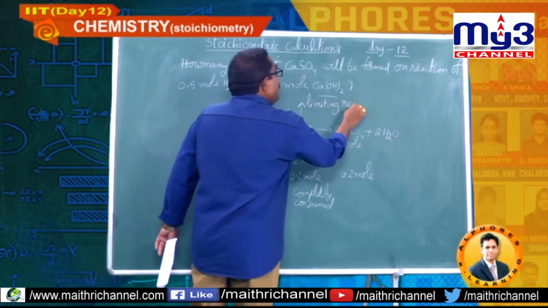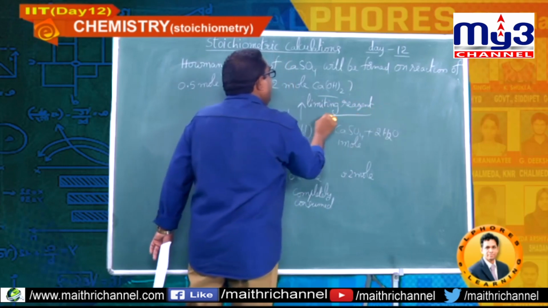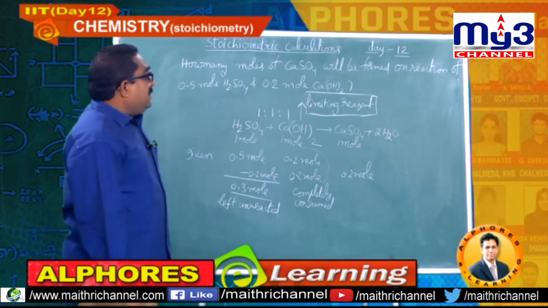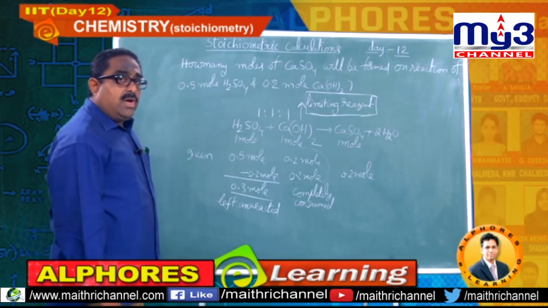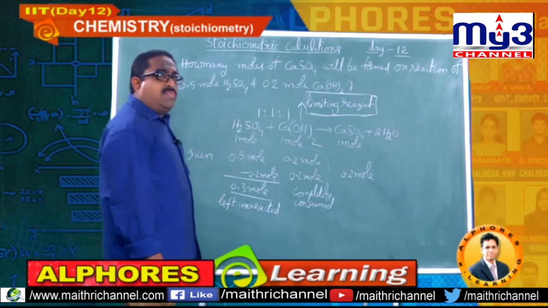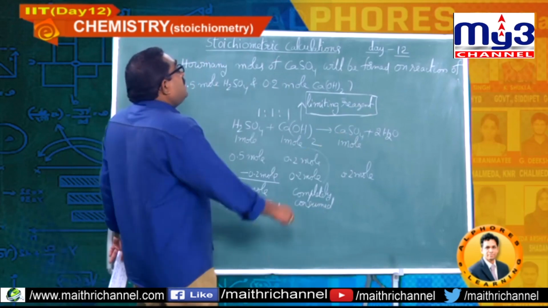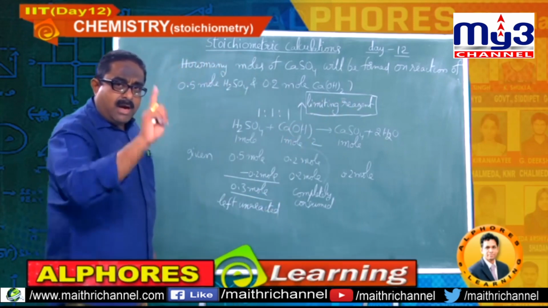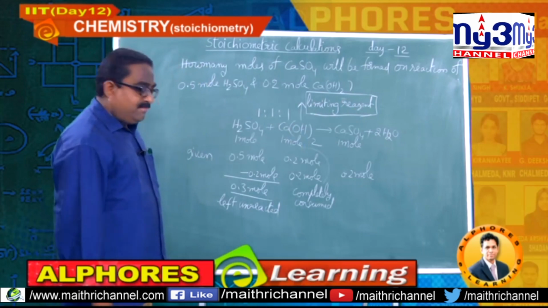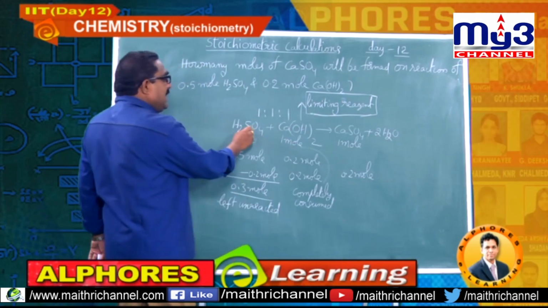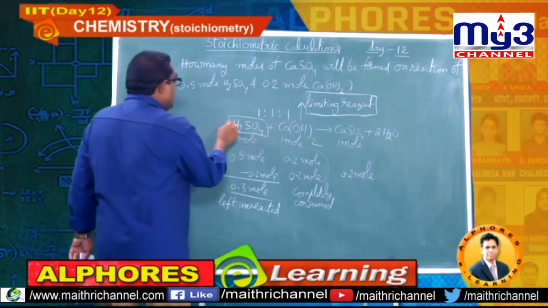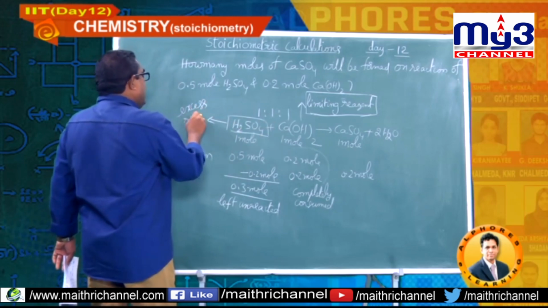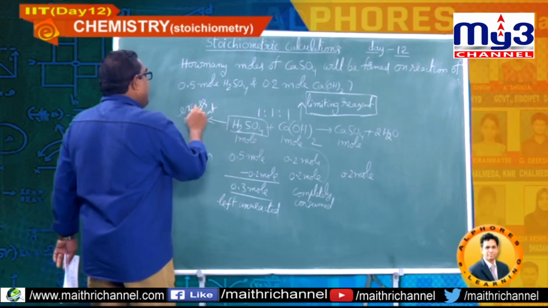I am introducing a new concept, students, very important. The reactant which is going to be completely consumed in the reaction is called the limiting reagent, and the one left unreacted even after the reaction is automatically called the excess reagent.